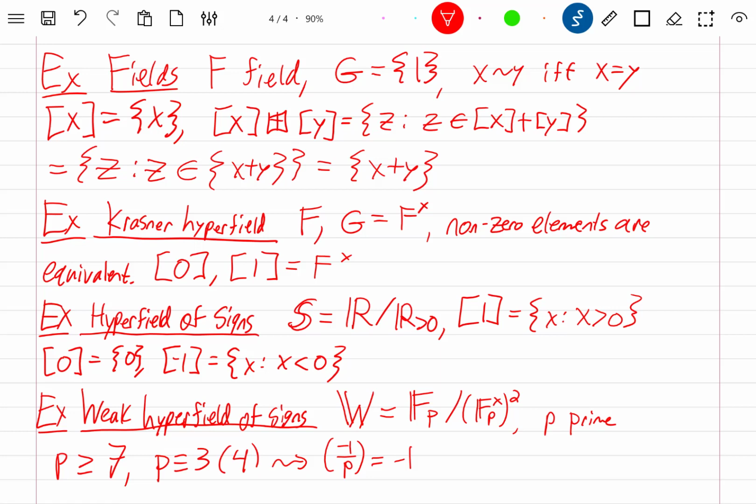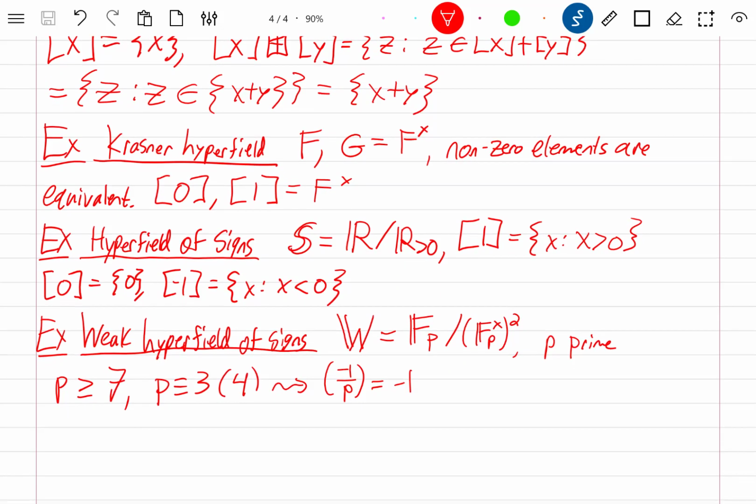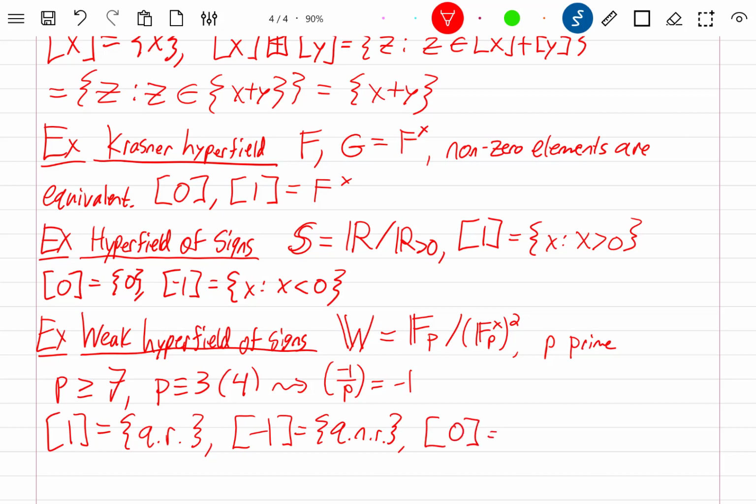So what happens is, in F_p mod F_p star, we're going to have 1, which is the set of quadratic residues. -1 will be the set of quadratic non-residues. And then 0 will end up being just the set containing 0.